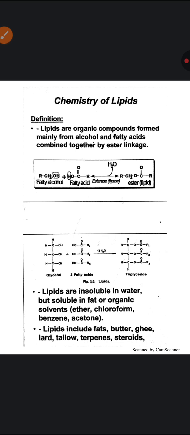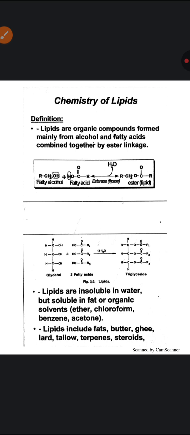You can see here, lipids are insoluble in water, as we said before, but soluble in fat or organic solvents. Example: ether, chloroform, benzene, acetone. Examples of lipids are fats: butter, ghee, lard, tallow, terpenes, and steroids.